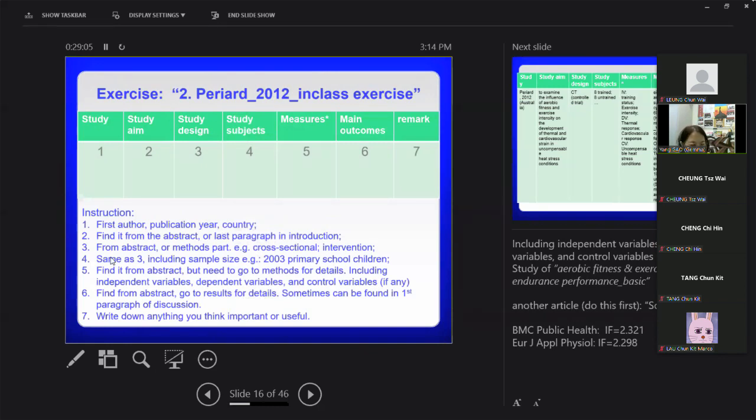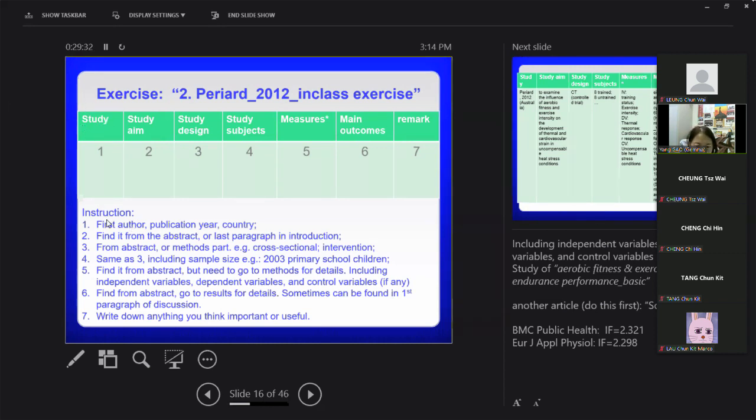Please find the article which is already uploaded onto the model. It's named the 2012 in class exercise. So you find it, have a read, and then complete the table to show the study.